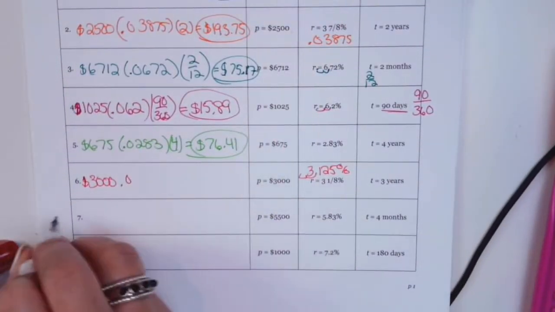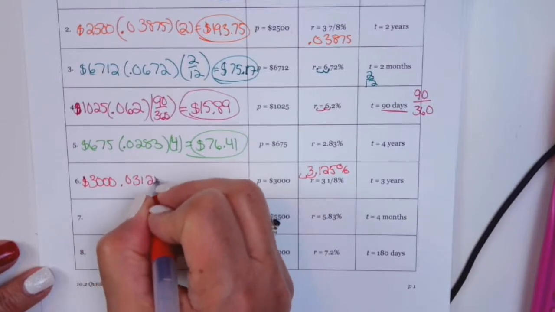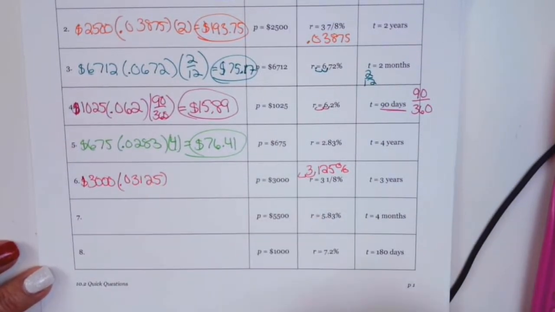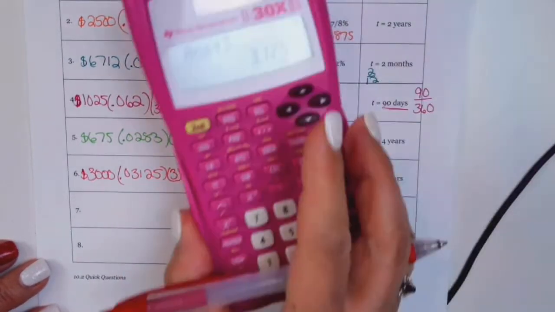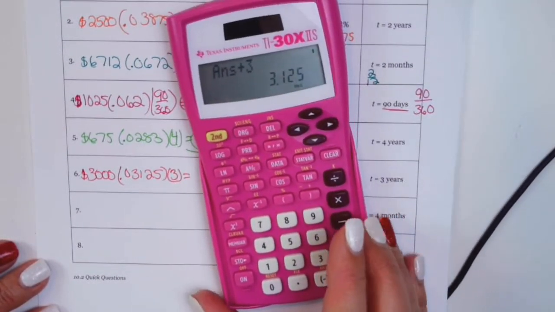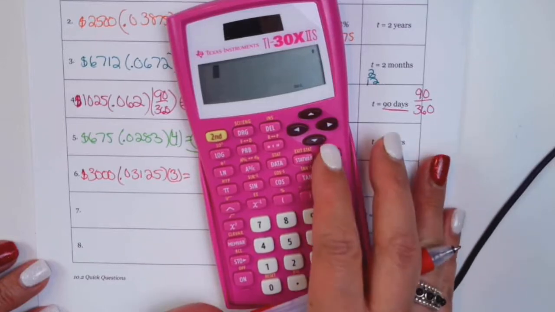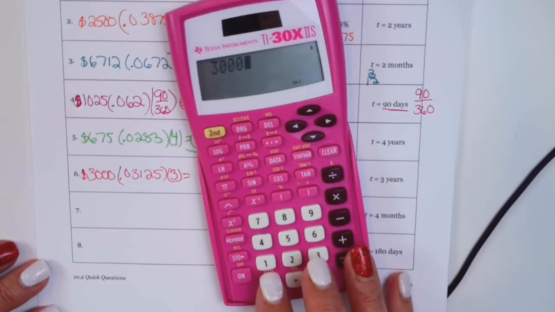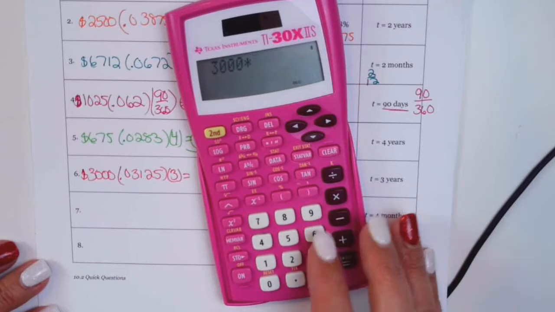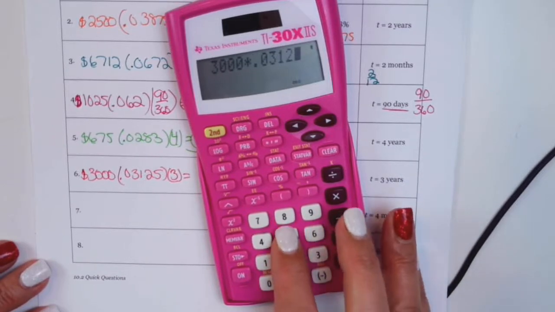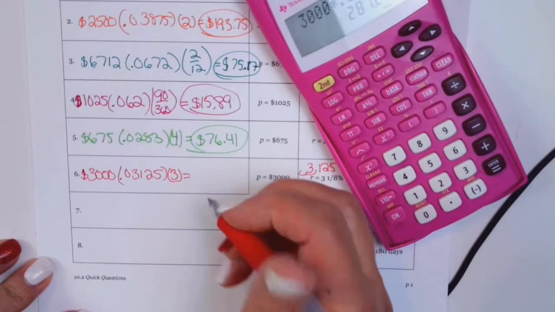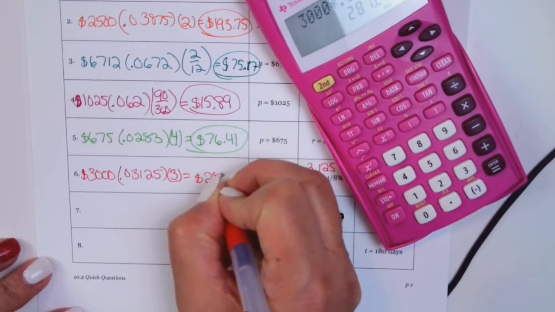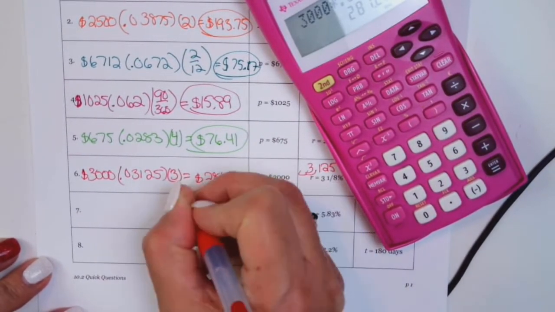So 0.03125 times 3. So 3,000 times 0.03125 times 3 is $281.25.